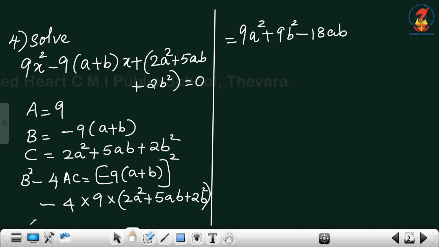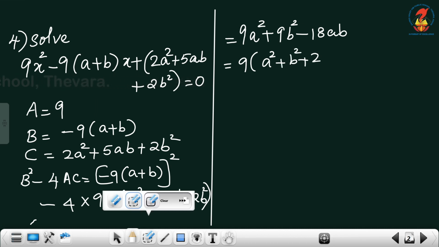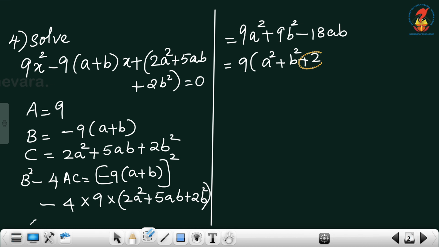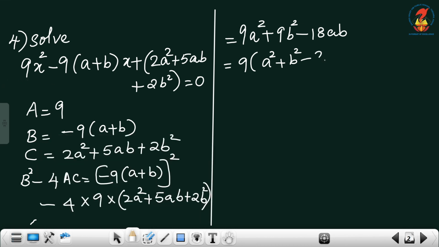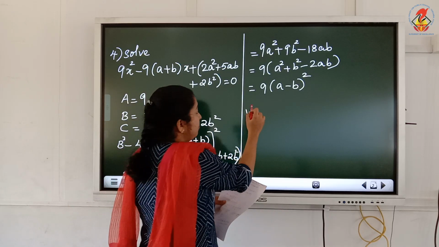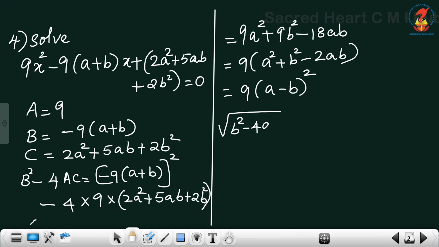From here we can take out 9, so it is 9 into (a² + b² − 2ab), which you can write as 9(a − b)². So the root of b² − 4ac is equal to plus or minus 3(a − b).